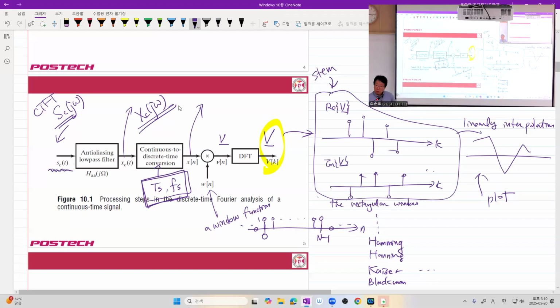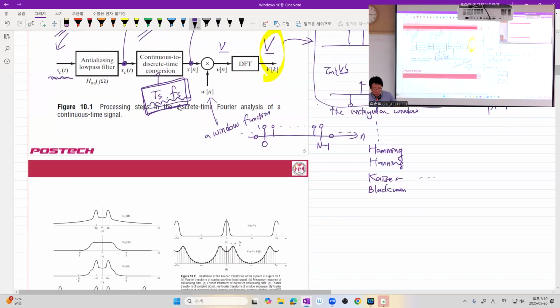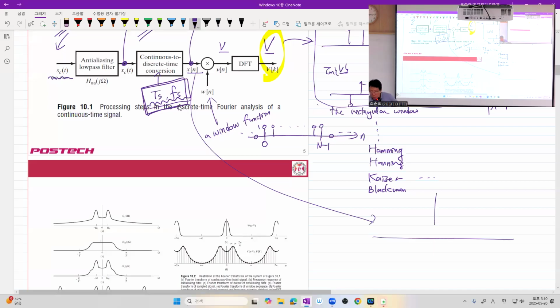the radian frequency of this discrete time signal is translated to the continuous time signal via the sampling frequency. As you know, this discrete time signal is periodic. If you use radian frequency, it is periodic with period 2 pi, right?